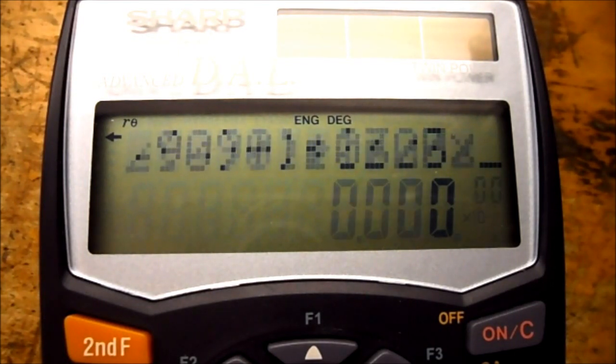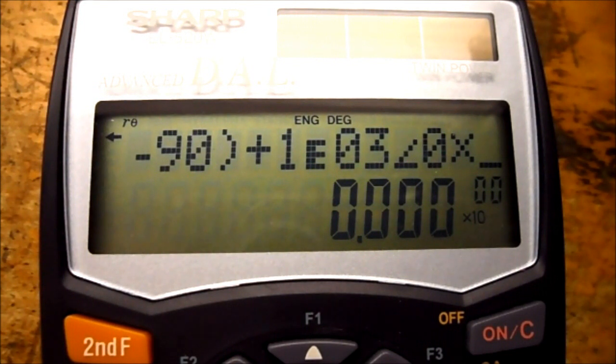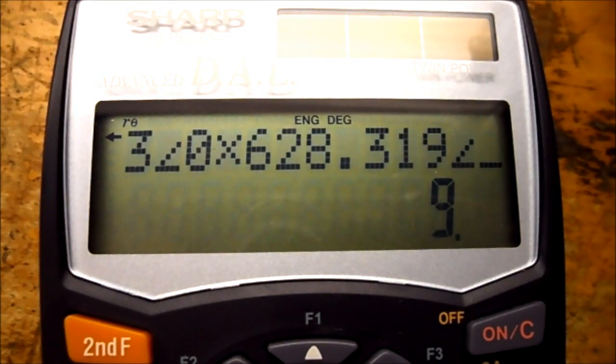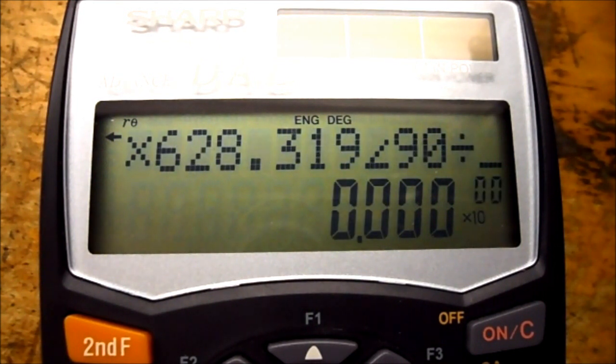We're going to multiply that by XL, which is 628.319, and that's at an angle of 90 degrees. Then we're going to divide it by R plus XL.